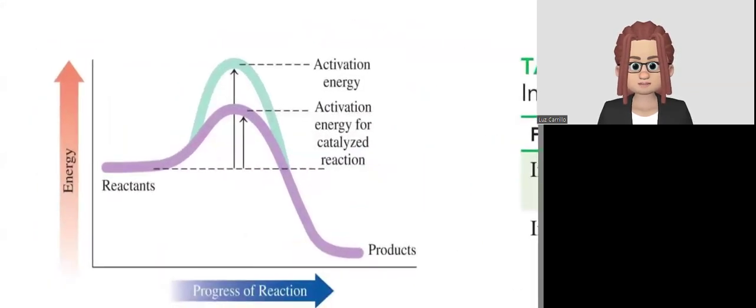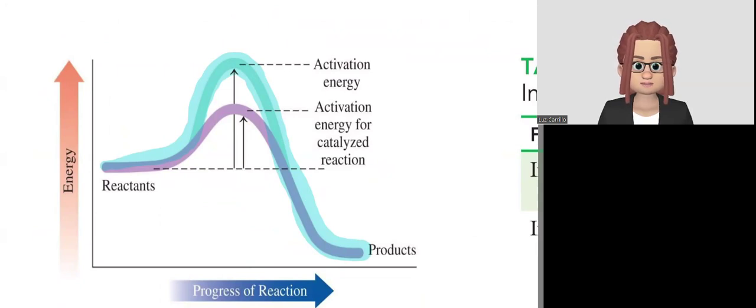Specifically, my reaction is this blue line that I'm just making it thicker to observe it. If I run the same reaction with a catalyst, we can observe that specifically the energy of the reactants and the energy of the products is not changed. The only thing that happens is that a catalyst is going to reduce the activation energy.